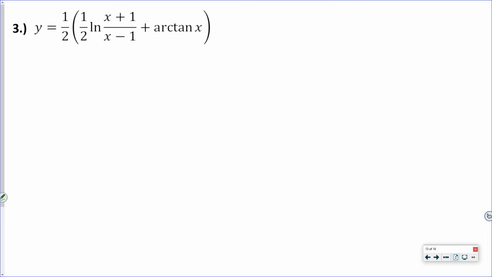Now, I would probably expand this natural log before I find any derivatives by using my properties of logarithms: if I have an argument that's being divided, I can split it up into 2 different logarithms by subtracting them. I'm not doing the derivative yet, so I'm going to notate that I'm just simplifying here.